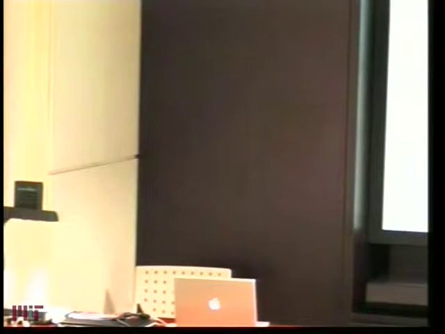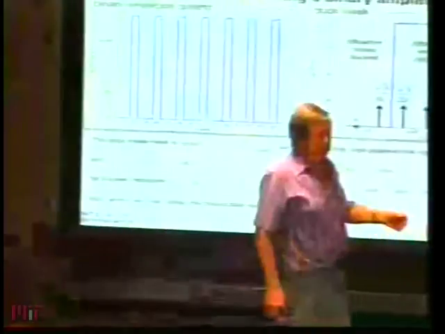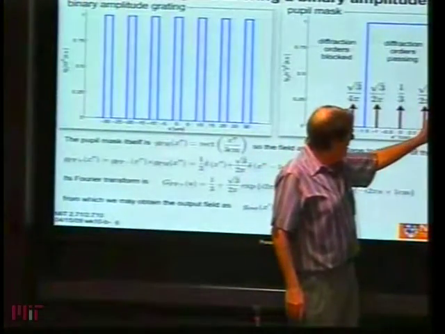What will happen if we make the width of this mask -2 to +2? Will there be any diffraction due to this second order? Well, if it was exactly -2 to plus 2, then I guess you'd expect half of it to get through, wouldn't you, this order? Normally we would assume it either lets it through or it doesn't.